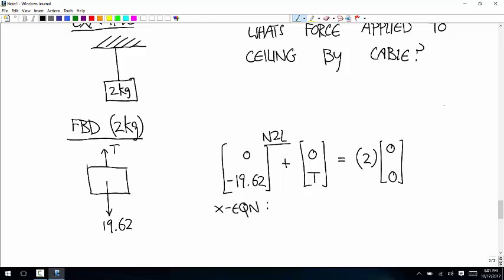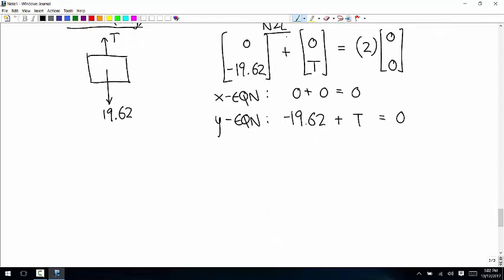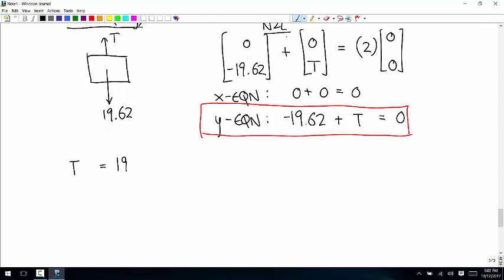So the x equation says 0 plus 0 equals 0. That doesn't help. The y equation says negative 19.62 plus T is equal to 0. So this is the useful one. And it tells us that T is equal to positive 19.62.